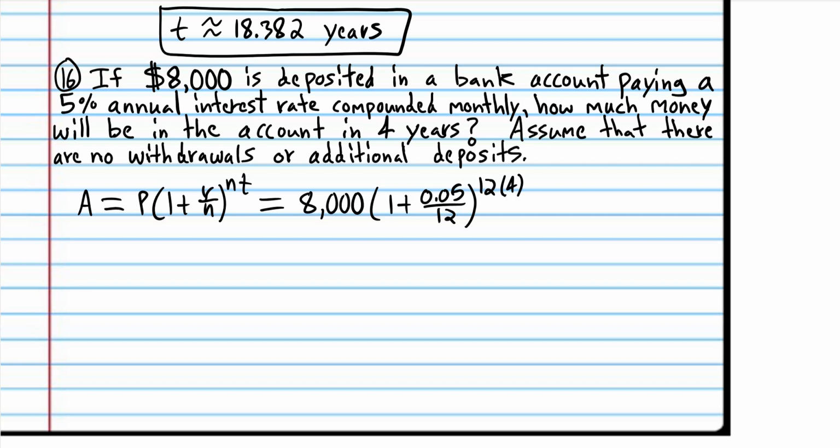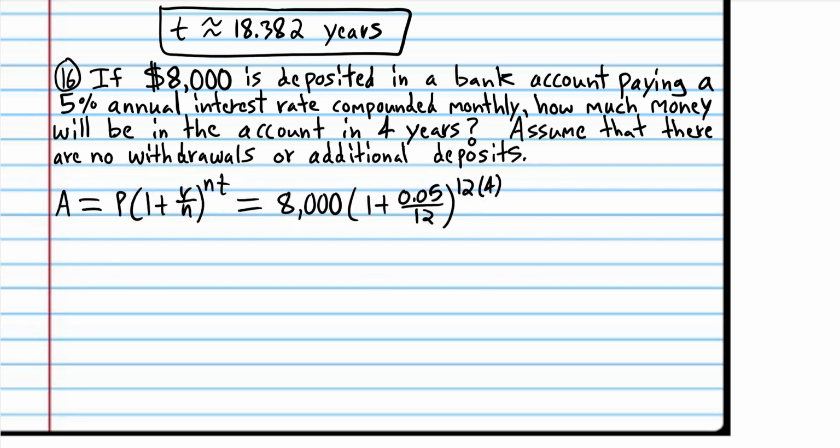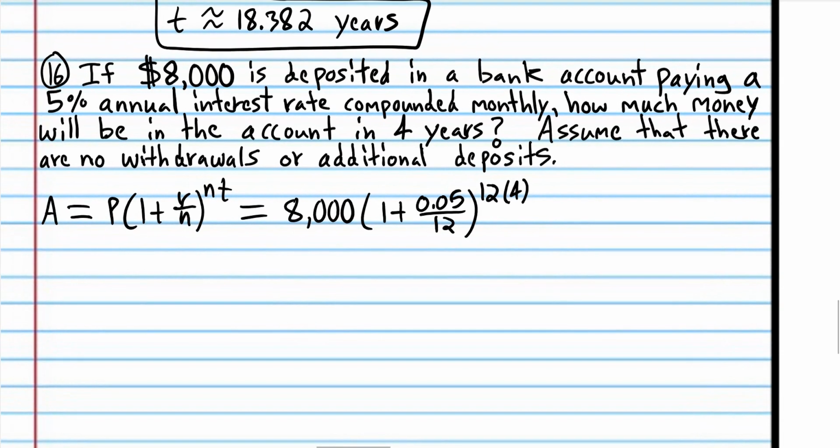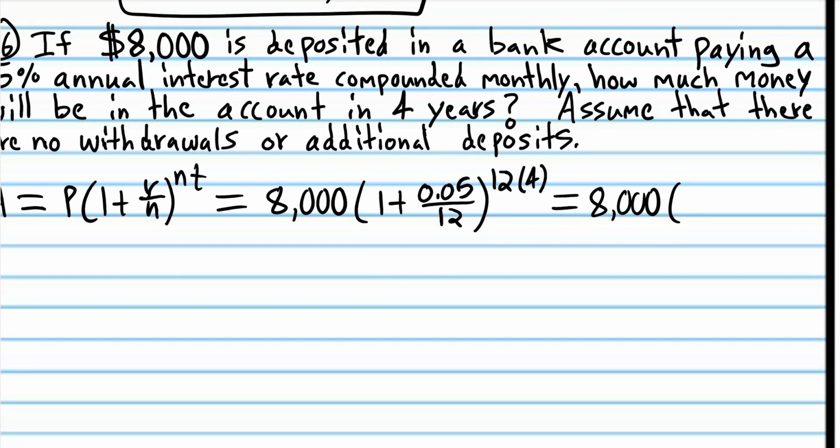And now we just have to simplify that expression. You might wonder if you can just enter this whole thing into your calculator. I'd prefer if you actually show some steps. So 0.05 divided by 12, that's going to be kind of a weird number.